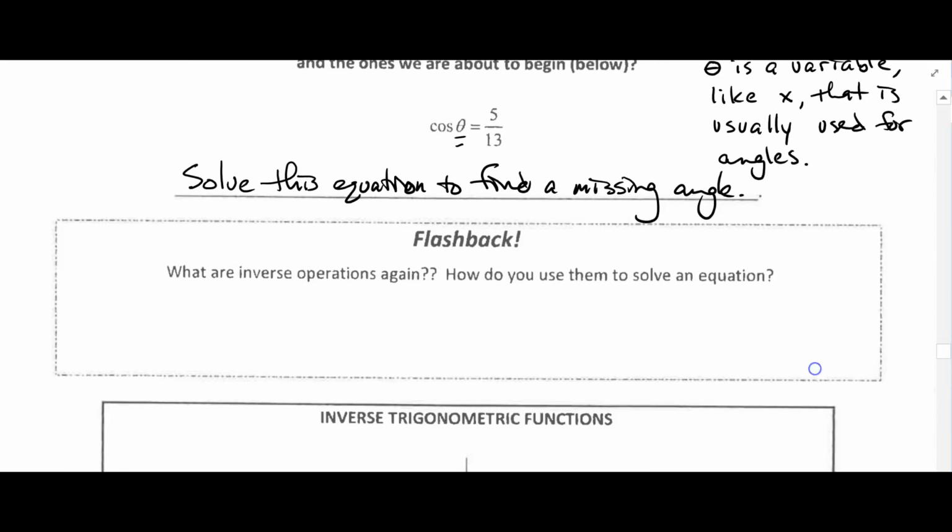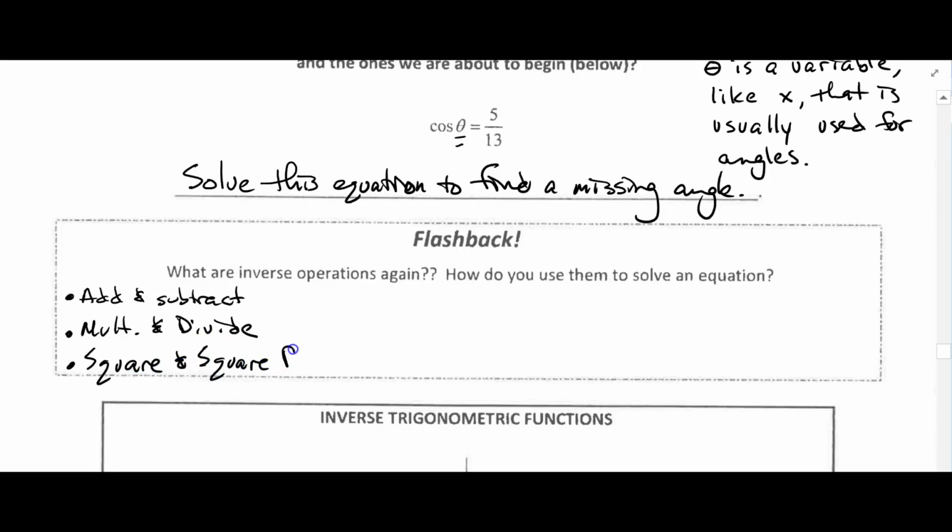So let's do a quick flashback. What are inverse operations? How do you use them to solve an equation? So some inverse operations: add and subtract. Those are inverse operations. One undoes the other. And we also had multiplication and division, or multiply and divide. Those are inverse operations. And in the last chapter we worked with square and square roots.